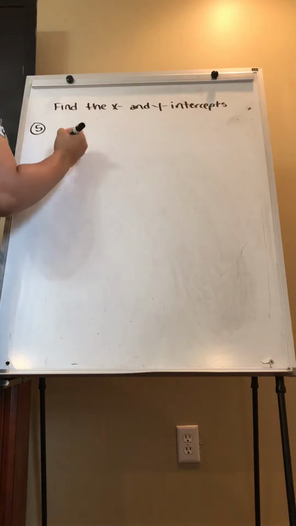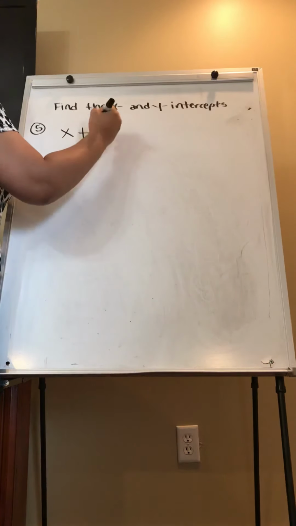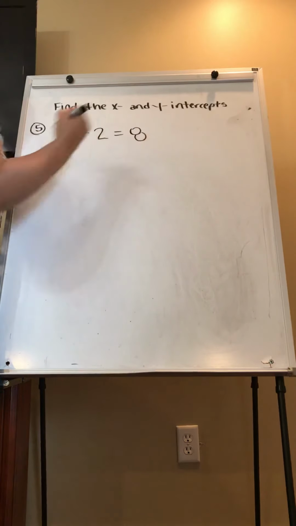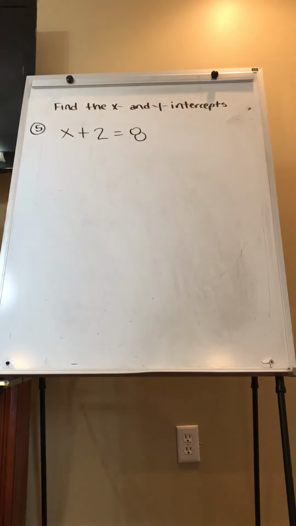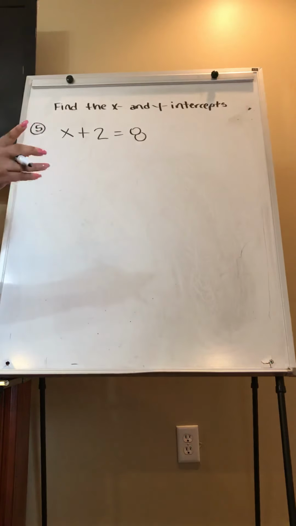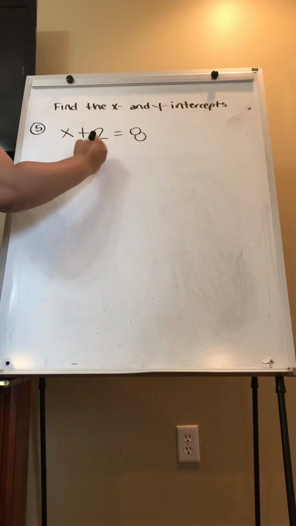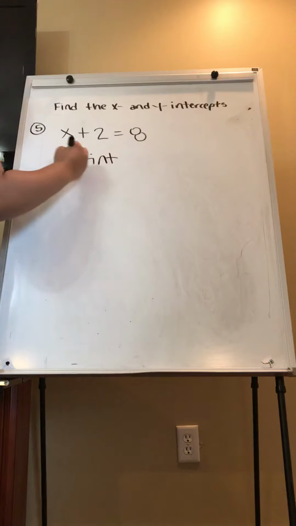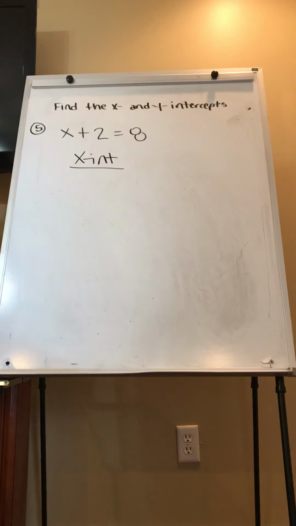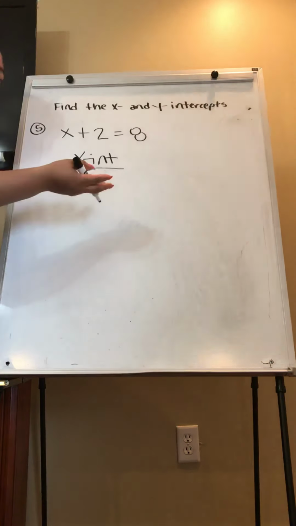Next, if we have x plus 2 equals 8. Now, I hope that you've noticed there's no y. This is considered a special line. There is no y, so when I look for my x-intercept, I can't let y be 0 because y isn't even up there.